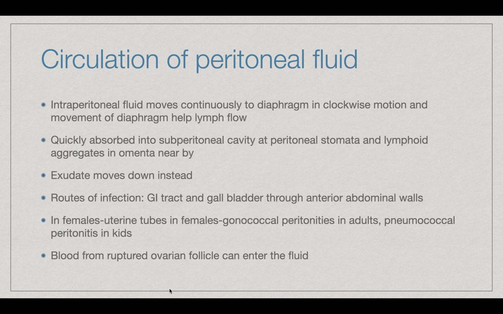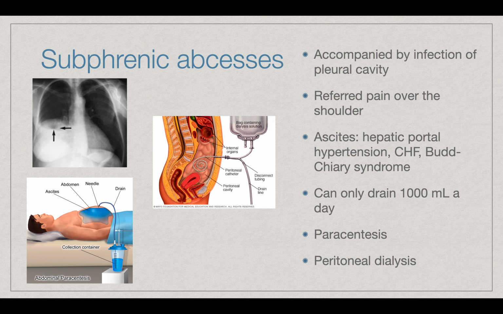Another bad thing that can happen is that blood can enter the peritoneal fluid and also circulate, or blood from a ruptured ovarian follicle, and that can cause some peritonitis as well. Okay, so abscesses will generally be in the fossa areas, so subphrenic spaces as well, and it will manifest itself as a referred pain over the shoulder.